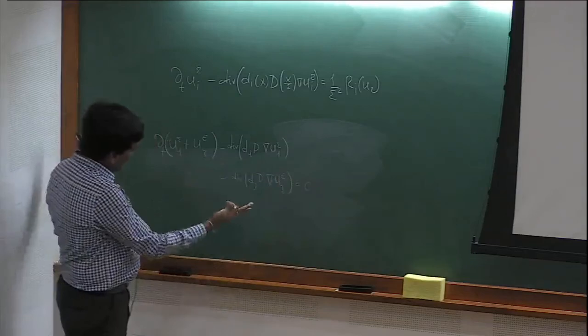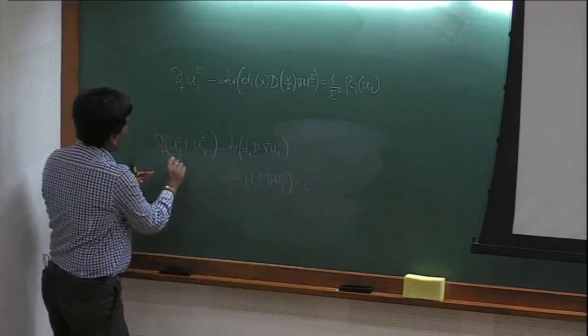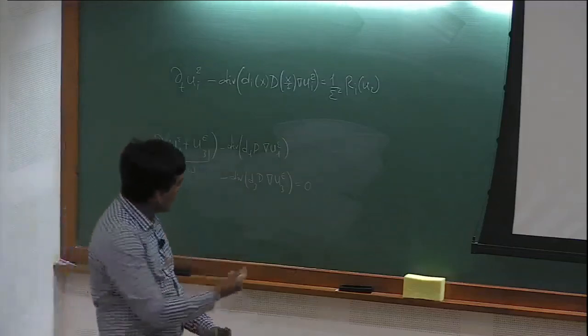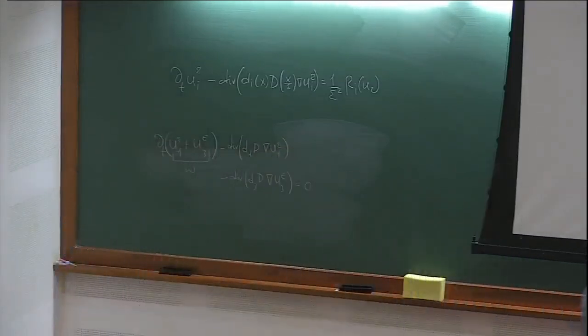Okay? It's not of the form, you cannot call u1 plus u3 as a new unknown and write it as d_t of w minus divergence of something. You cannot write that, but you are close. Okay? You can do the usual steps to show L^p compactness.